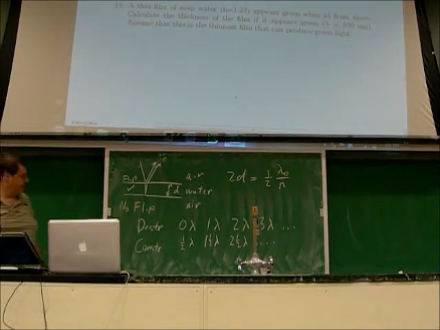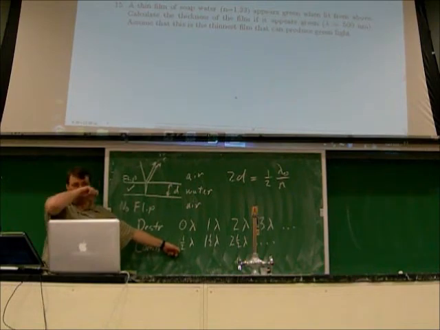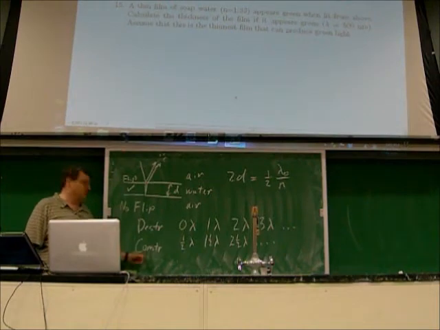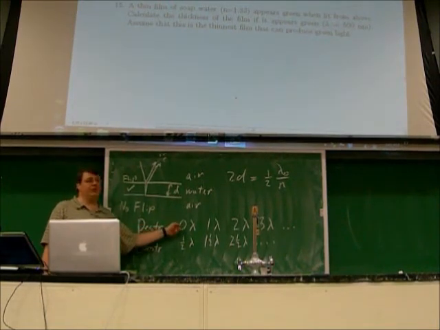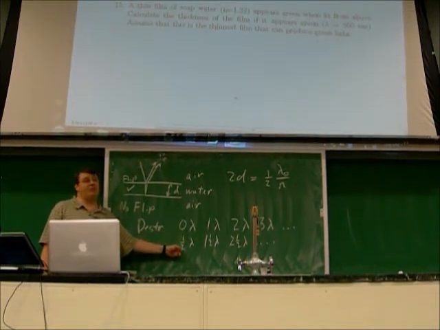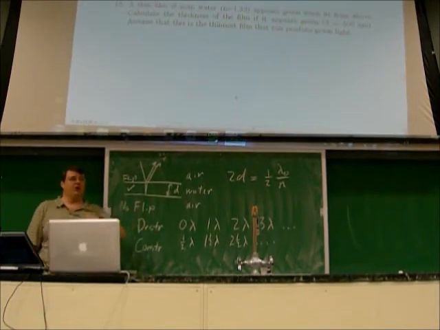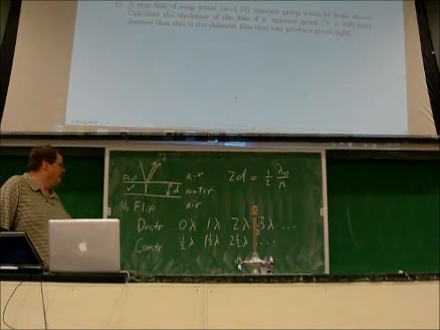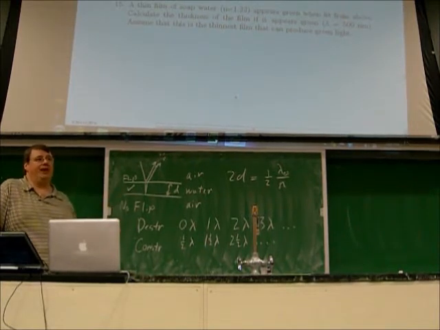The 1/2 is that you have to accumulate half a wavelength worth of change in order to go to constructive. Because it would have been destructive if you accumulated no distance. So you've got to accumulate a distance that's at least half a wavelength in order to return to constructive. So you set the twice d, which is your distance, equal to a half wavelength, and then you will have moved to constructive and you'll see the green.